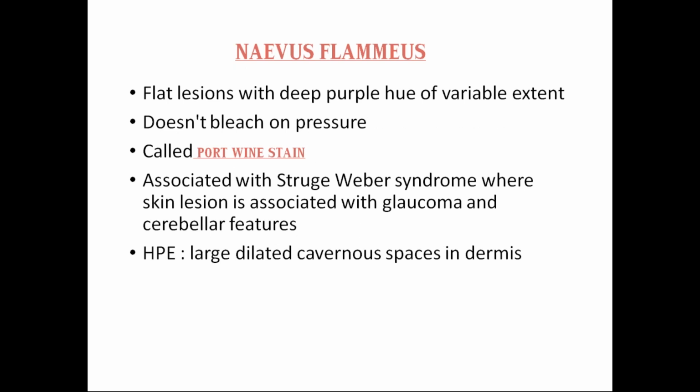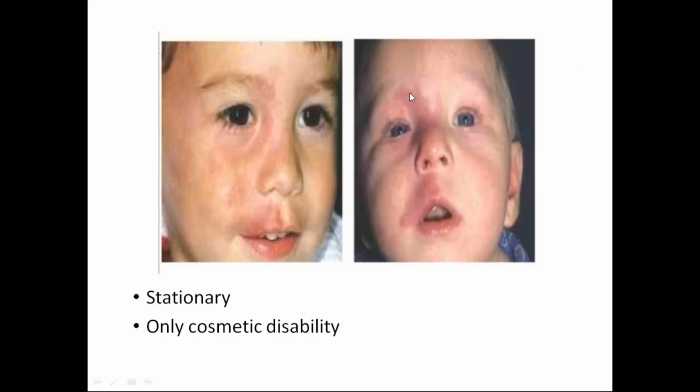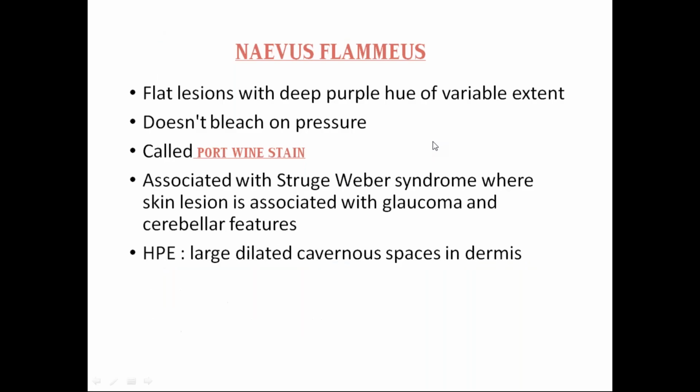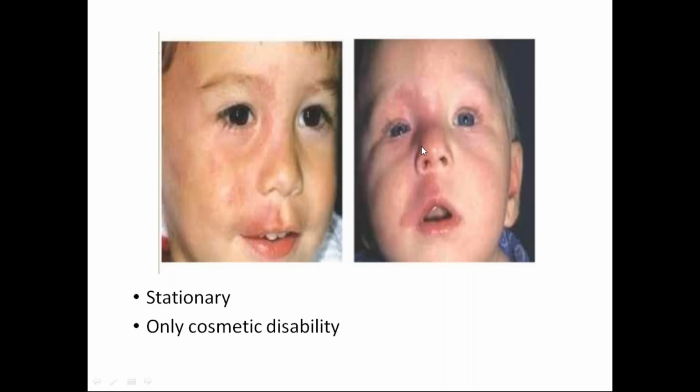Now the next one is nevus flammeus. Nevus flammeus gives an appearance like a port wine stain, and it does not blanch on pressure. It is a flat lesion with a deep purple hue of variable extent and is associated with Sturge-Weber syndrome. Now this is an example of nevus flammeus. You can see how it gives an appearance.